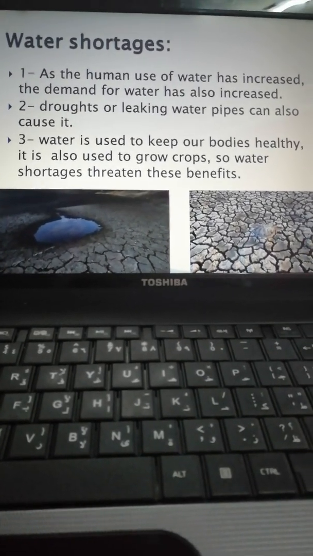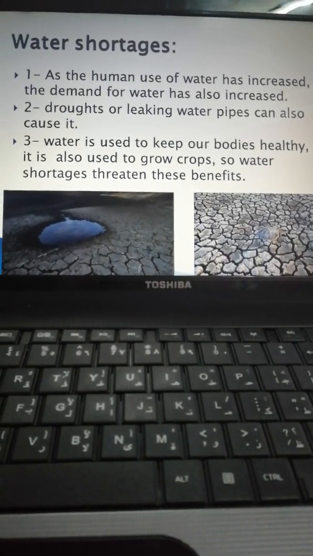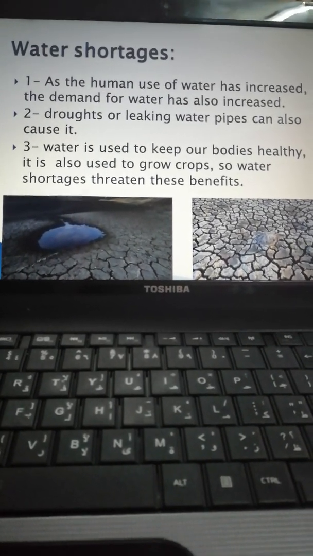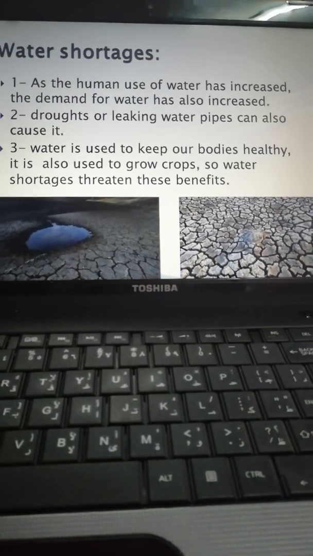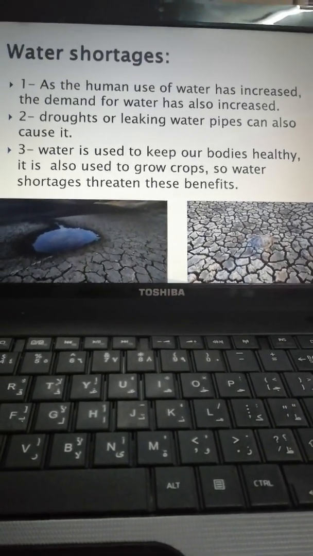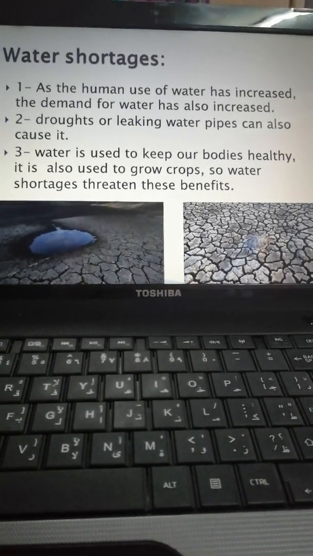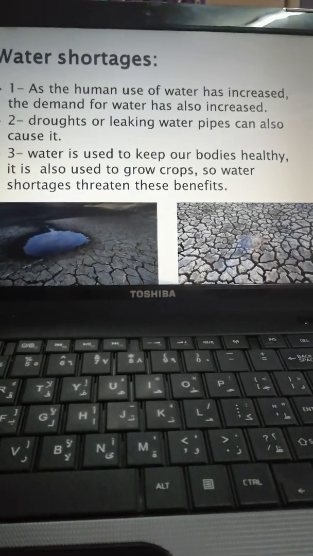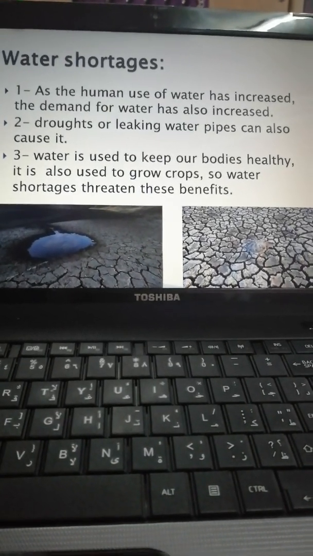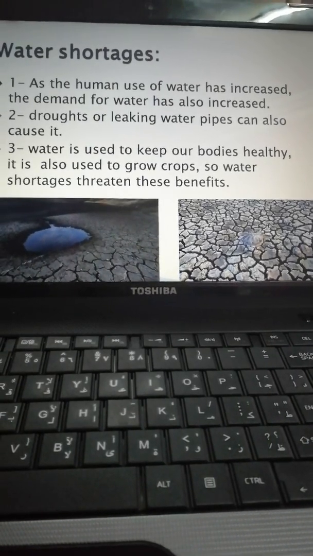As the human use of water has increased, the demand for water has also increased. So the result, water shortages. Number 2, droughts or leaking water pipes can also cause water shortages.